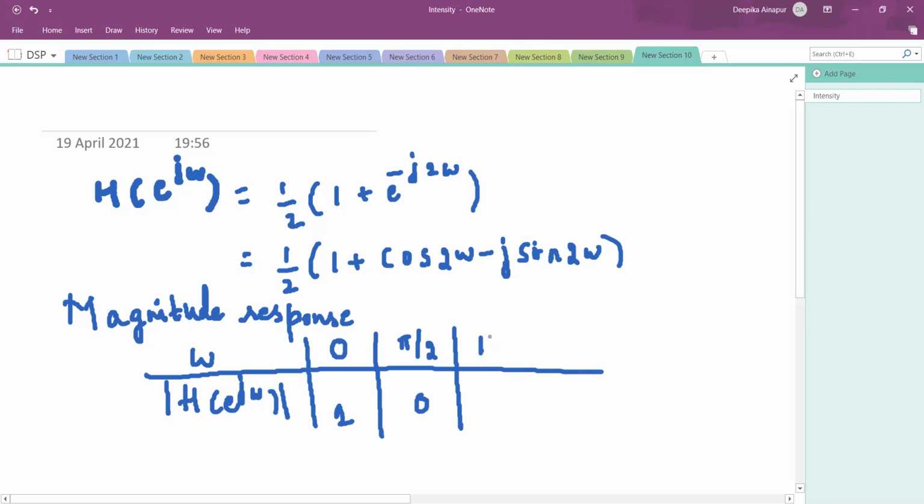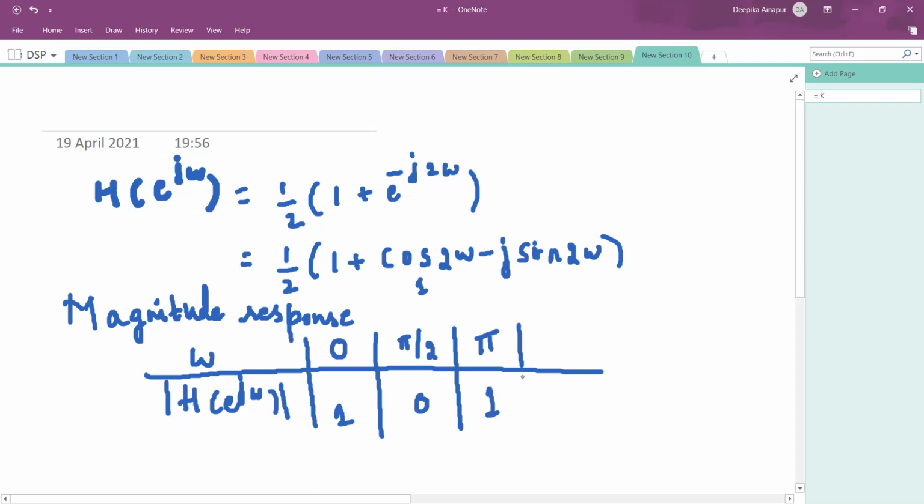In the same manner, if I substitute omega is equal to pi, cos pi will be equal to 1 here. So 1 plus 1, 2. This part will become 0. So 2 by 2, 1.